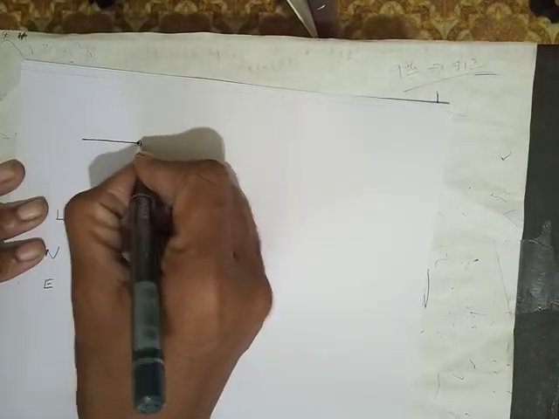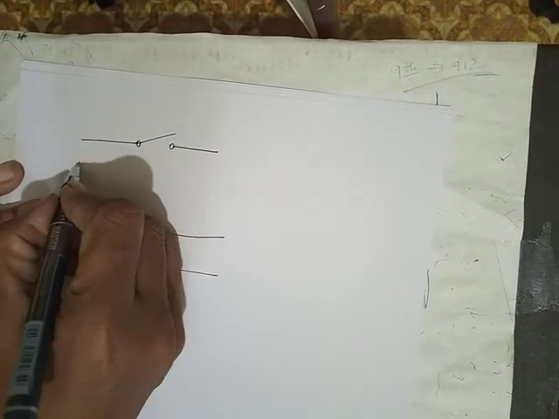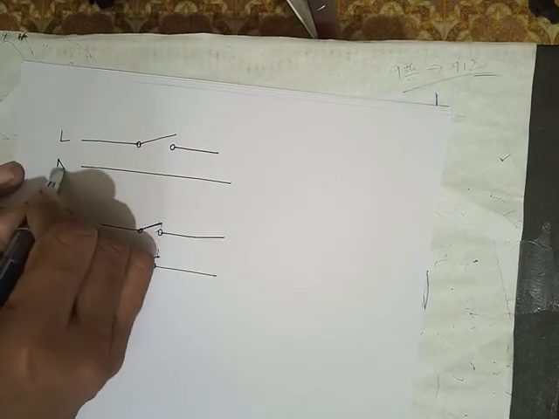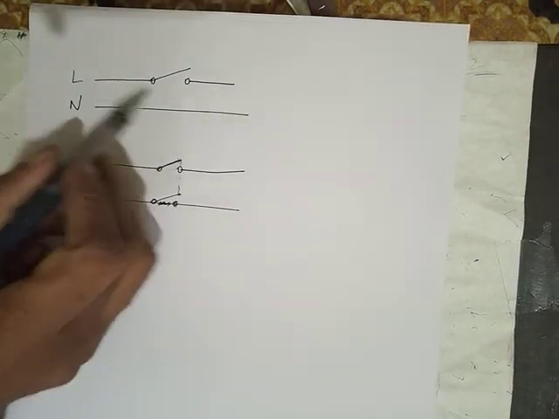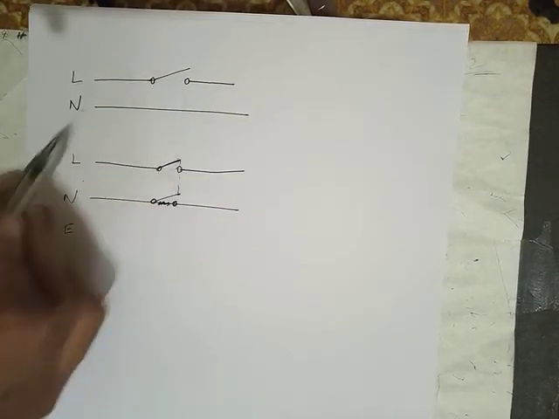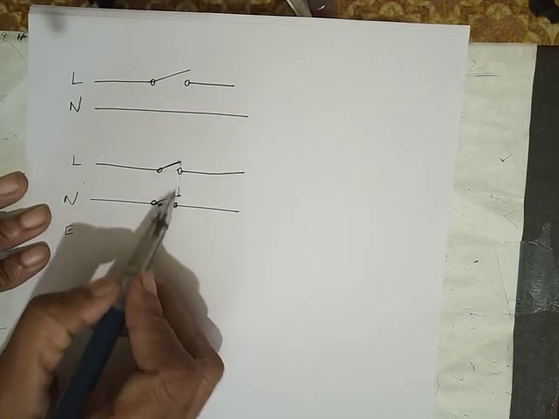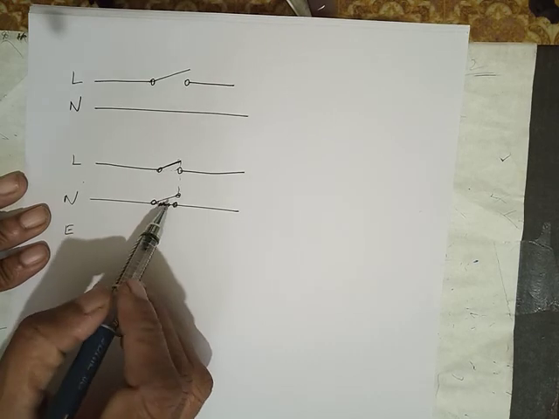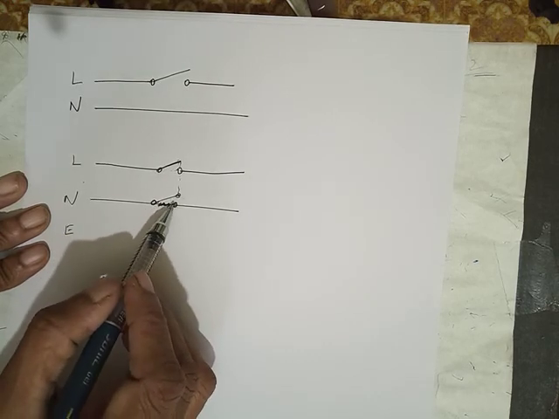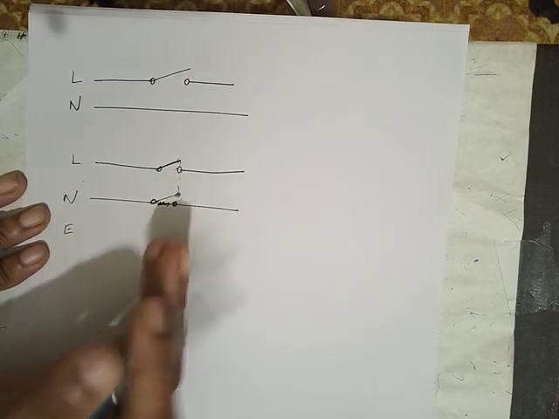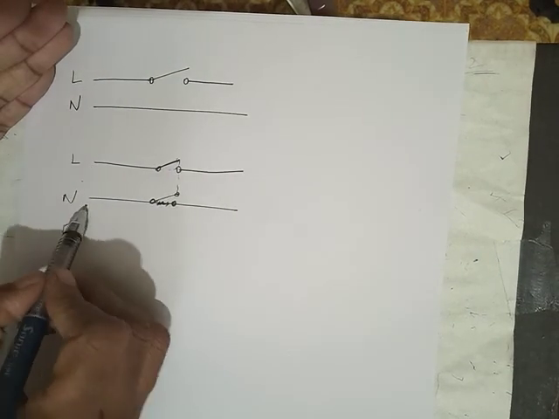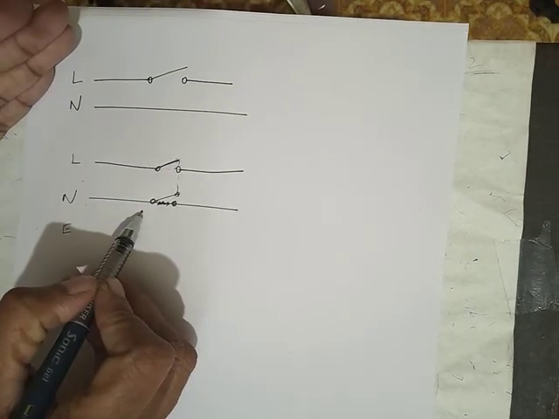Okay, are you able to see the difference? In single pole, only the live will be cut off. The pole will be only on the live. In double pole, there will be a pole on live and neutral, and when you are switching it off, both these poles will be raised up. So live and neutral both will be cut off from the current.